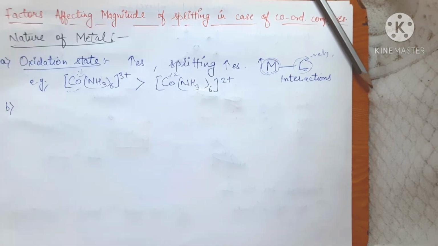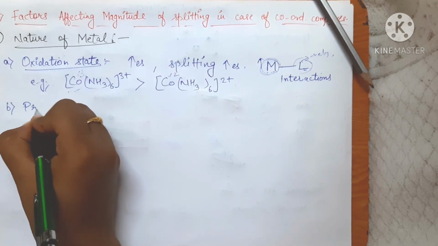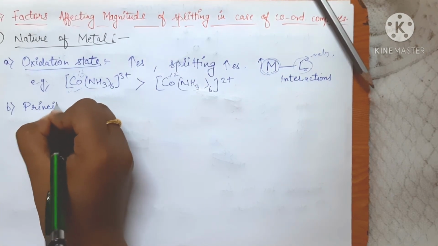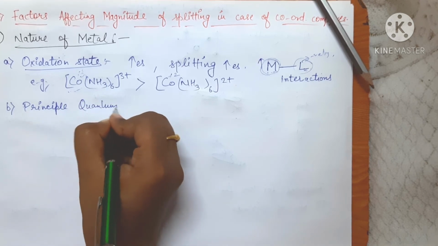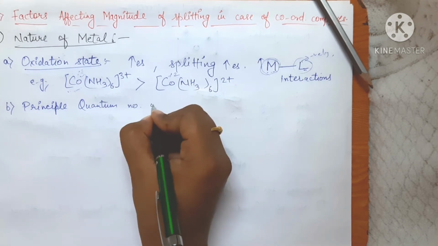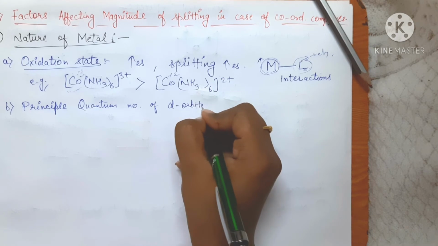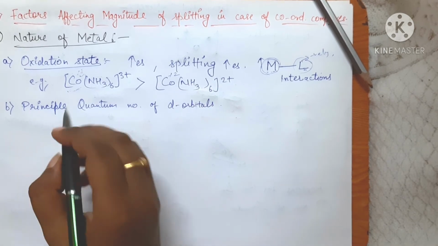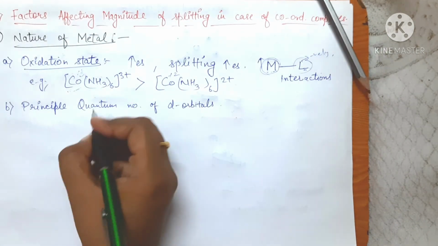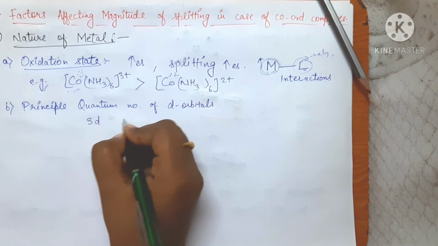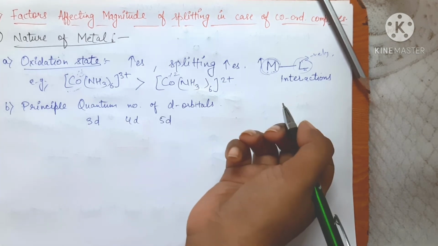Okay, the second factor is the principal quantum number of d orbitals. For that, consider the metal having 3d or 4d or 5d orbitals in different cases.